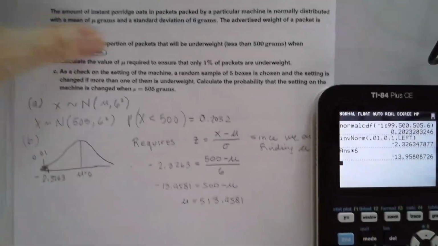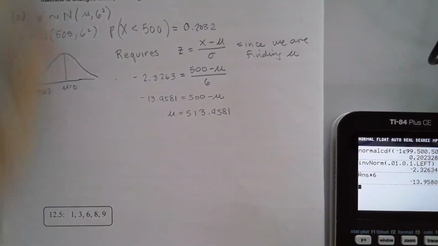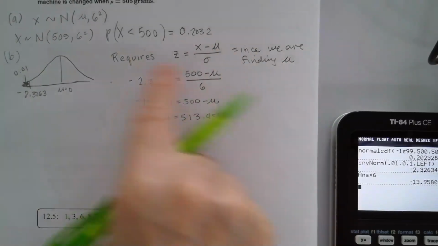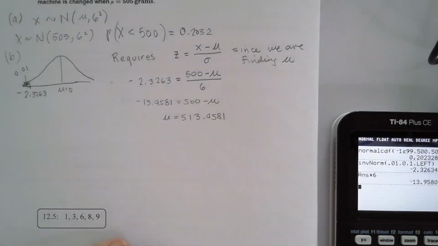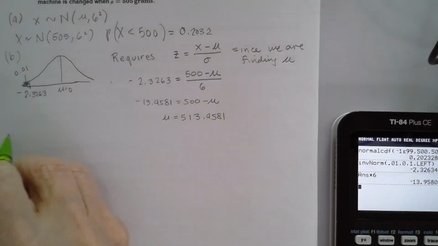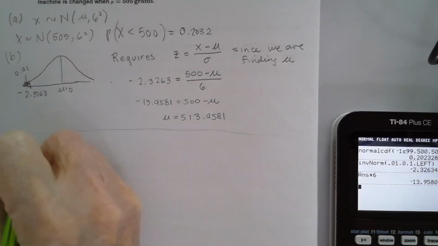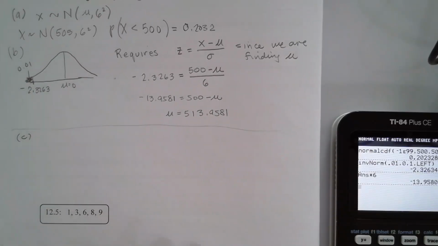Okay, so when you're missing something that you need in your calculator, that's the hint to use the z-score.